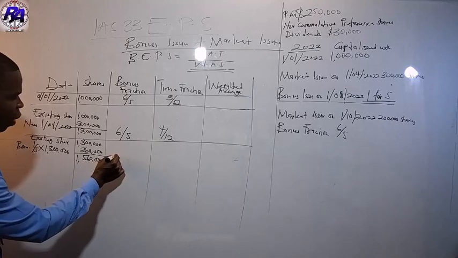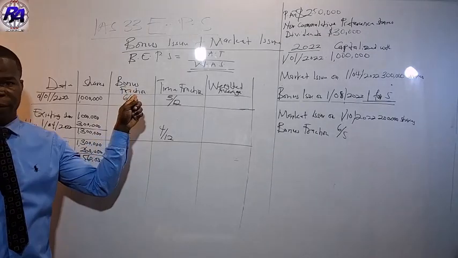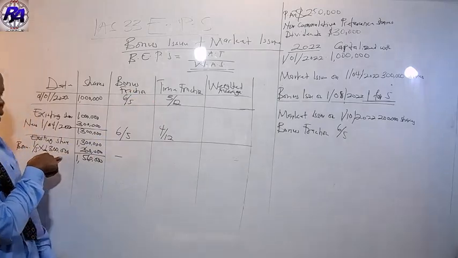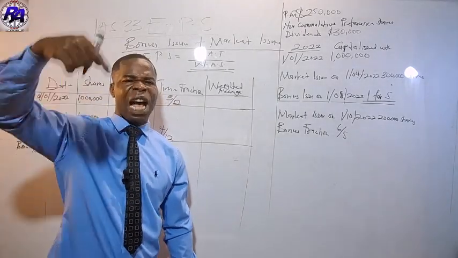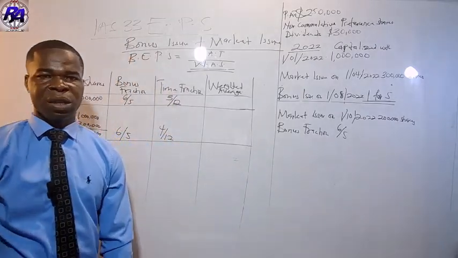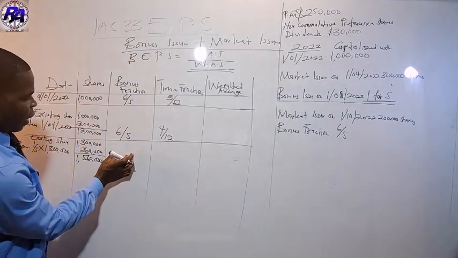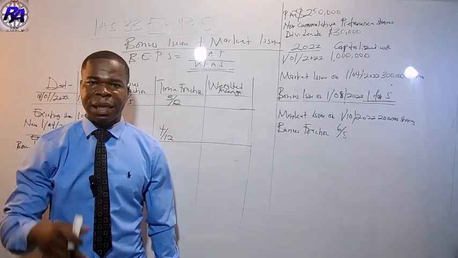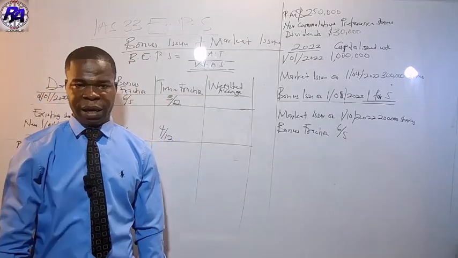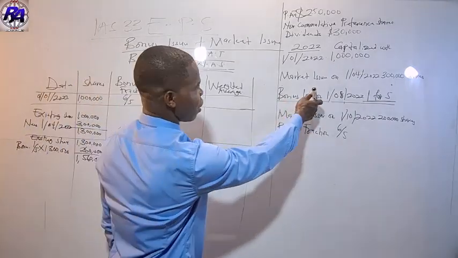And here we are not going to multiply it by the bonus fraction because it is on this date that there was a bonus issue. So we apply the bonus fraction up to the date of the bonus issue. The bonus fraction will not come here, but the time fraction will continue to the end. When was our next issue from the bonus issue?